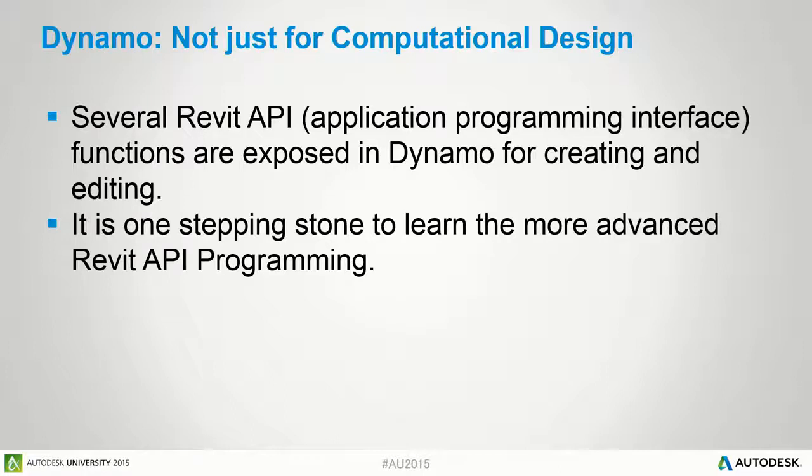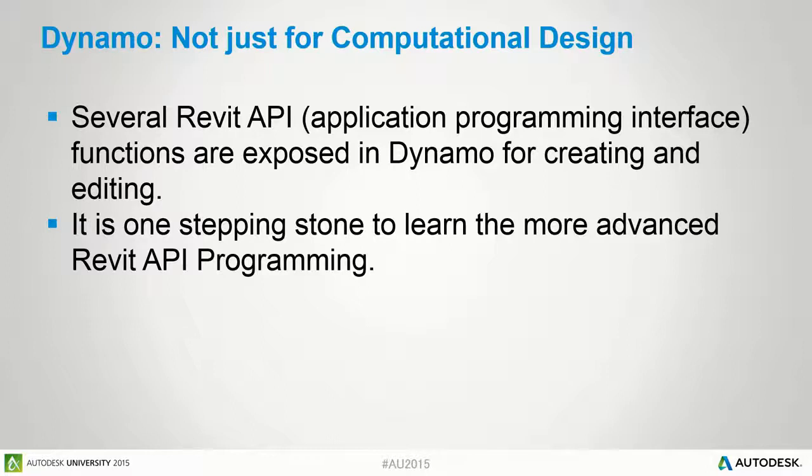You already know that, anyone who is using Dynamo here? Okay, so you already know that Dynamo was primarily built for computational design, but as its development progresses, it can also be used for other things. Because Dynamo exposes several functions of the Revit API, or application programming interface, we can use Dynamo to manipulate elements in Revit, whether by creating them or by editing them.